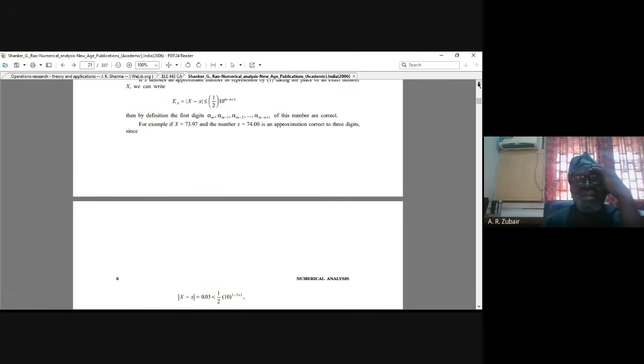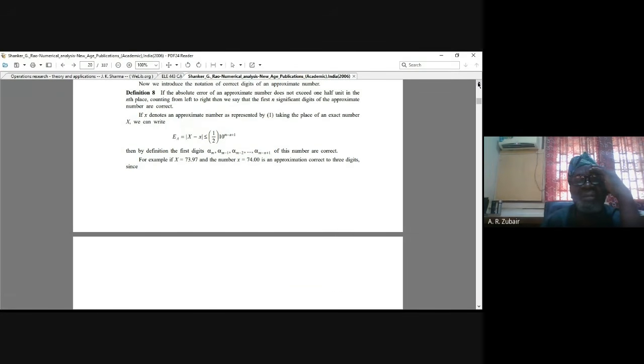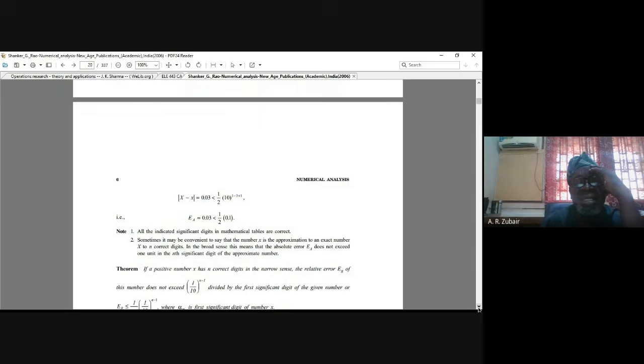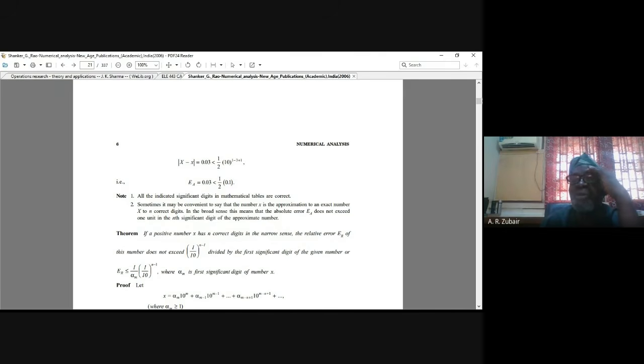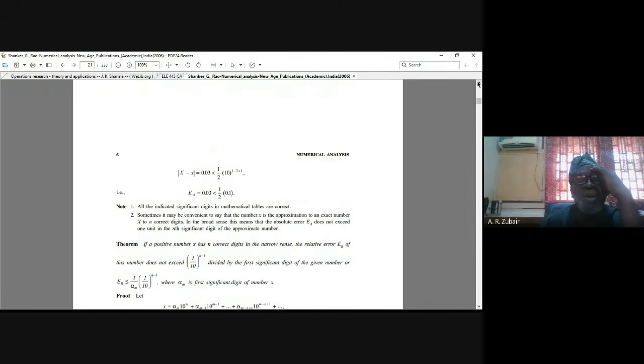And then, what is n? If the absolute error of an approximate number does not exceed half a unit in the nth place, the nth place which we are going to use here is the third, because we want to approximate the third.